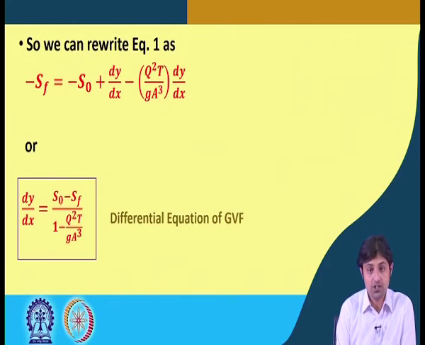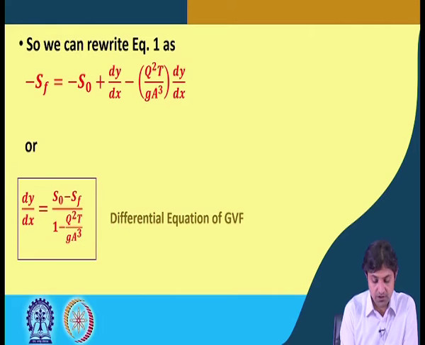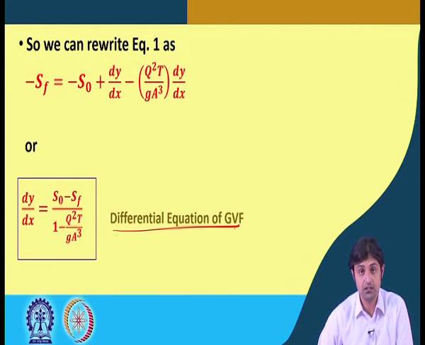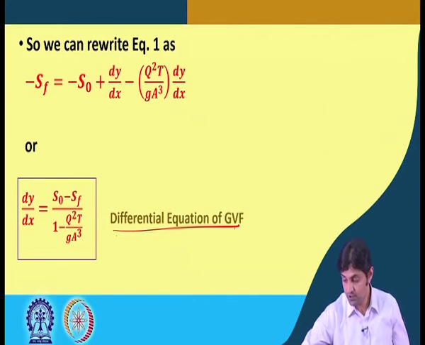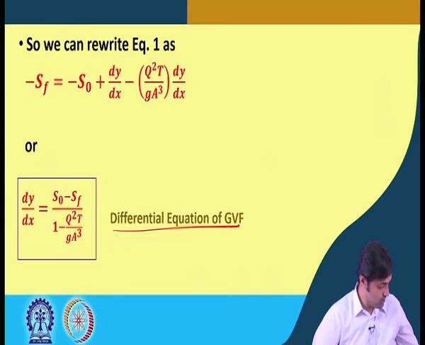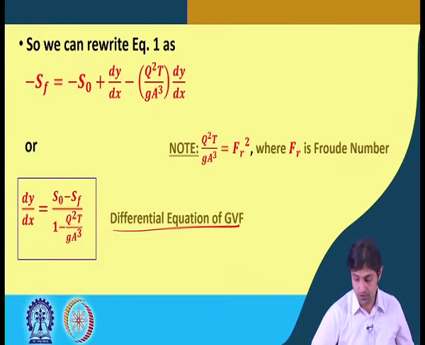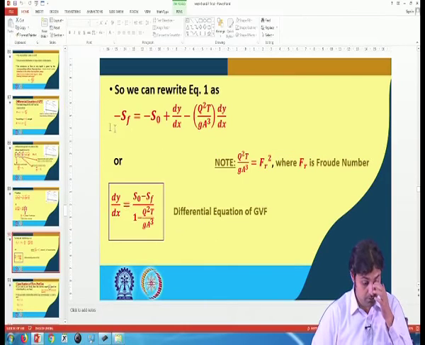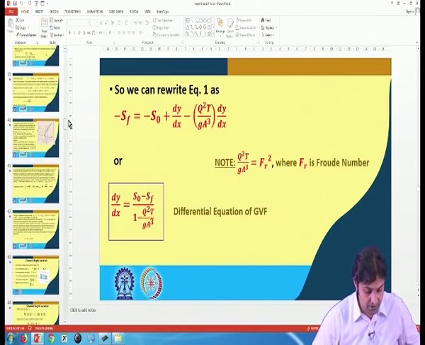So, this equation is the differential equation of gradually varied flow. We have actually obtained the same equation, just that we did not have it in the form of T and A. If you remember, I can take you to that particular slide. I will show you where we had done that.